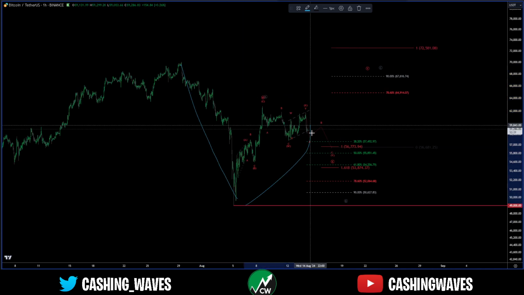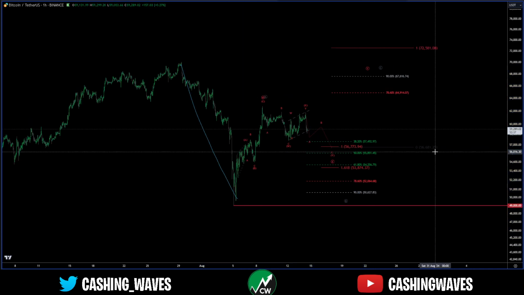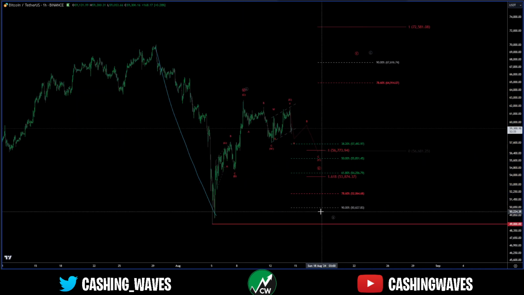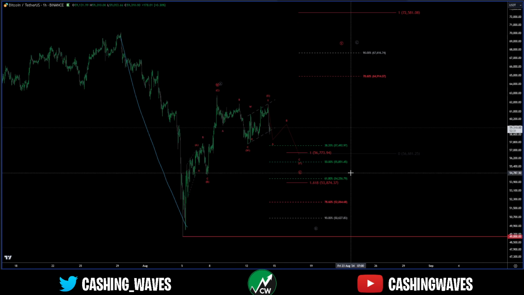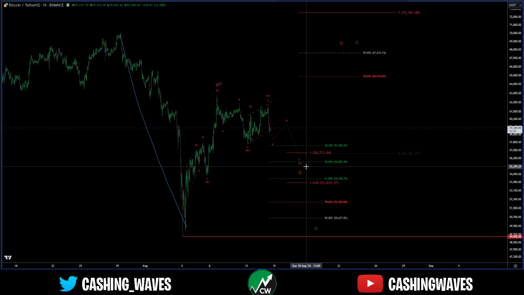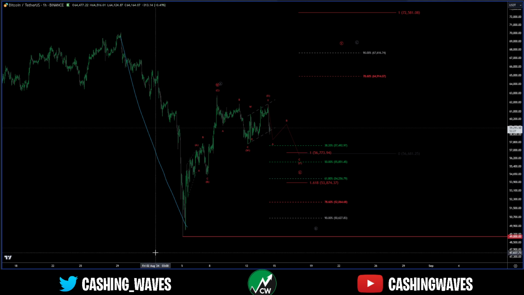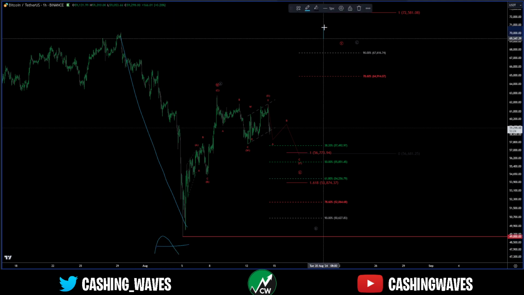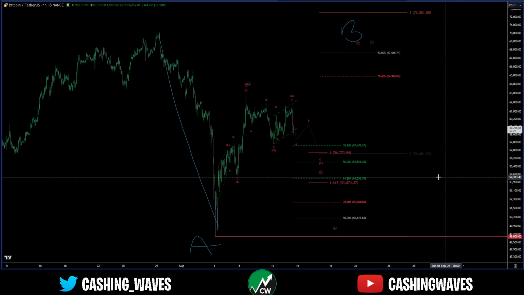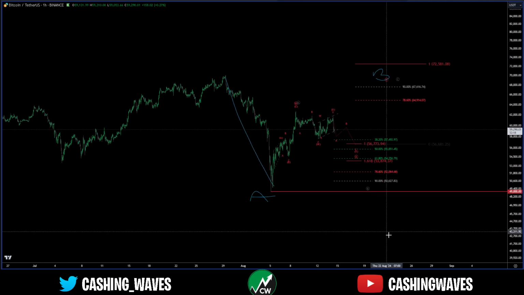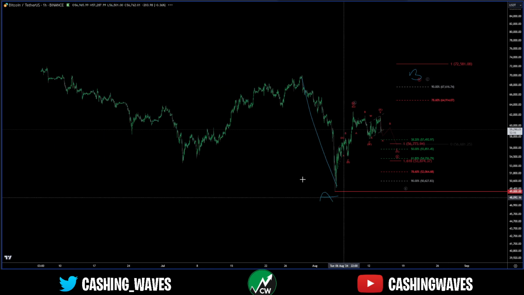Remember, we were looking for this move down to about 45,000. I think what's more likely is this is turning into a combination WXY, and this is all a B wave. So this is our A, B is going to be up here somewhere, and then we get an equal length. That works out better because we don't have to come as low. We don't have to come to 45,000.